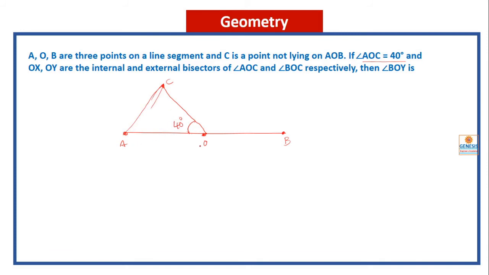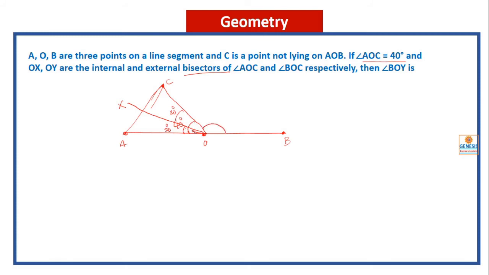So AOC is a triangle and OX is the internal bisector, that is, the angle bisector of AOC. So it can be taken as 20 and 20.